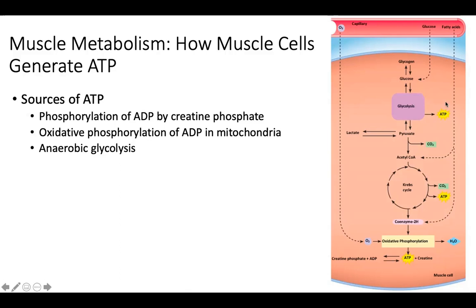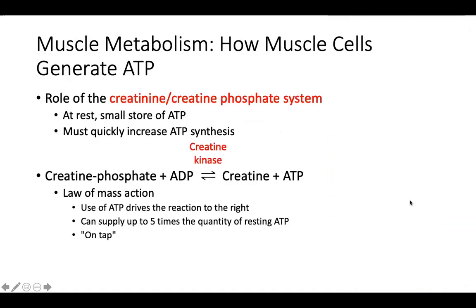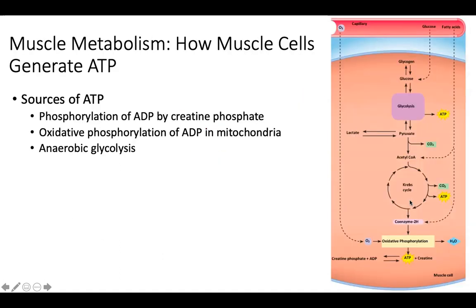So this is anaerobic. It is one of those more sustainable processes. And then oxidative phosphorylation, which requires oxygen, is another more sustainable mechanism, whereas this creatine phosphate system is just a transient kind of holdover until these two more sustainable processes are ready and warmed up.